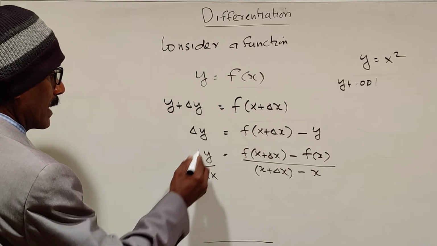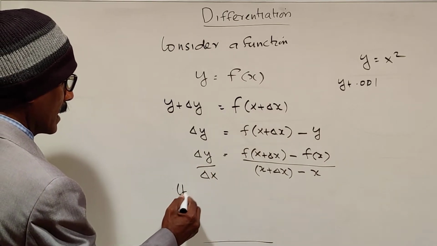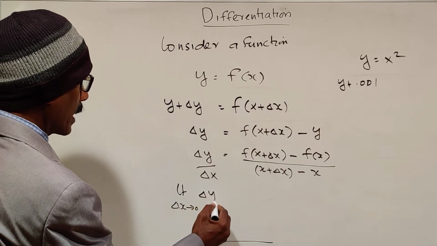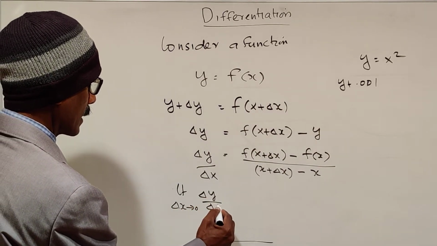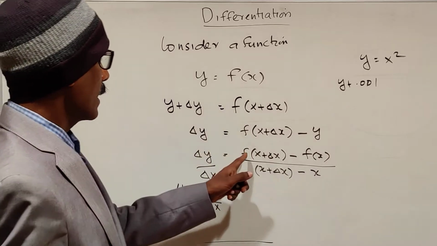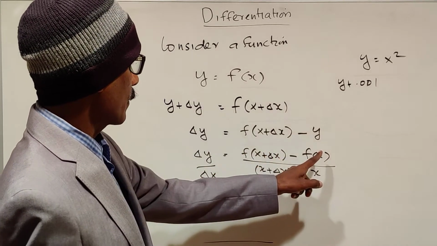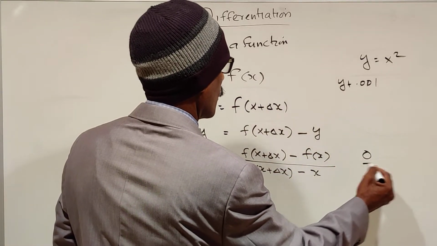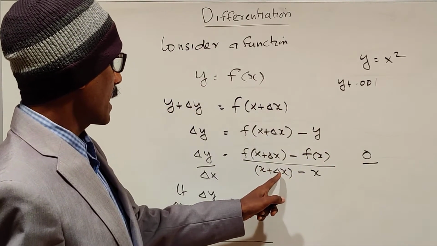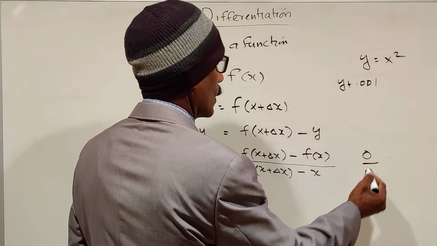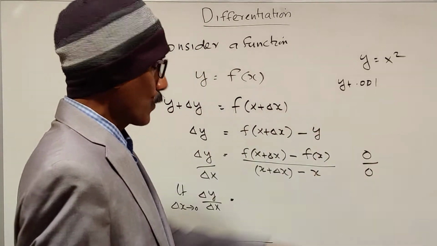Right, now delta y by delta x, limit delta x tends to 0. When delta x tends to 0, f(x) minus f(x) is 0, by x minus x, that is 0. It is a 0 by 0 form.